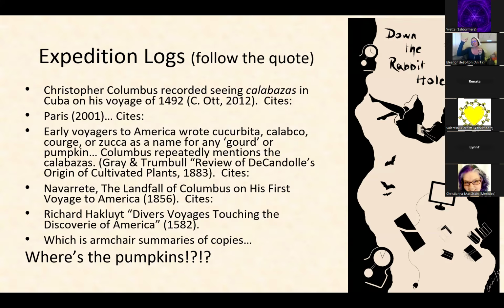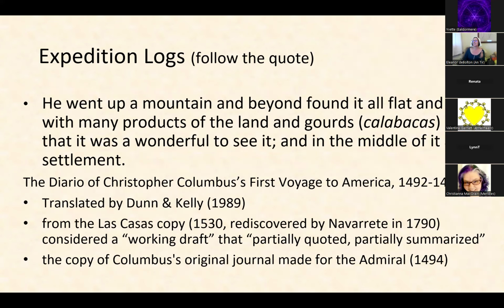If you follow the citation trail on a lot of these, you get back to one armchair expedition writing from the 1580s, which you're like, okay. And then you finally find the quote from Columbus, with many products of the land and gourds or calabazas, so that it was wonderful to see.